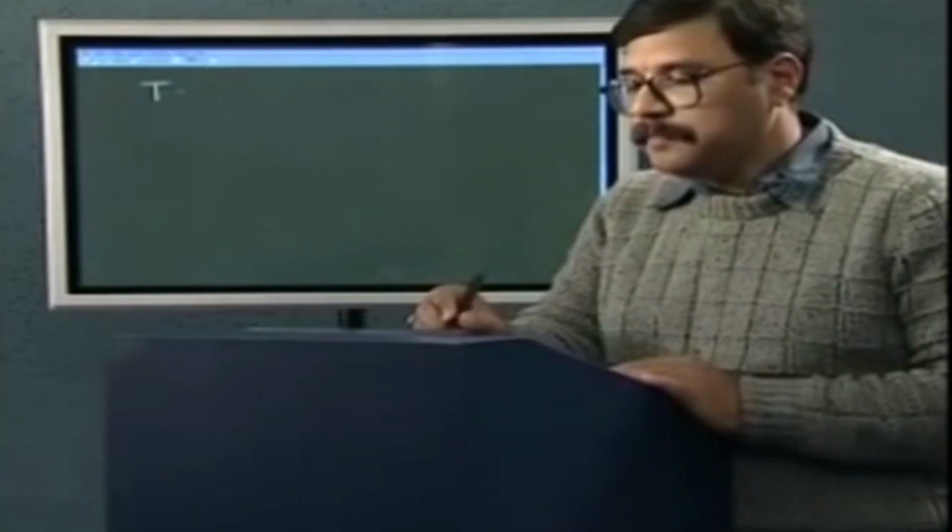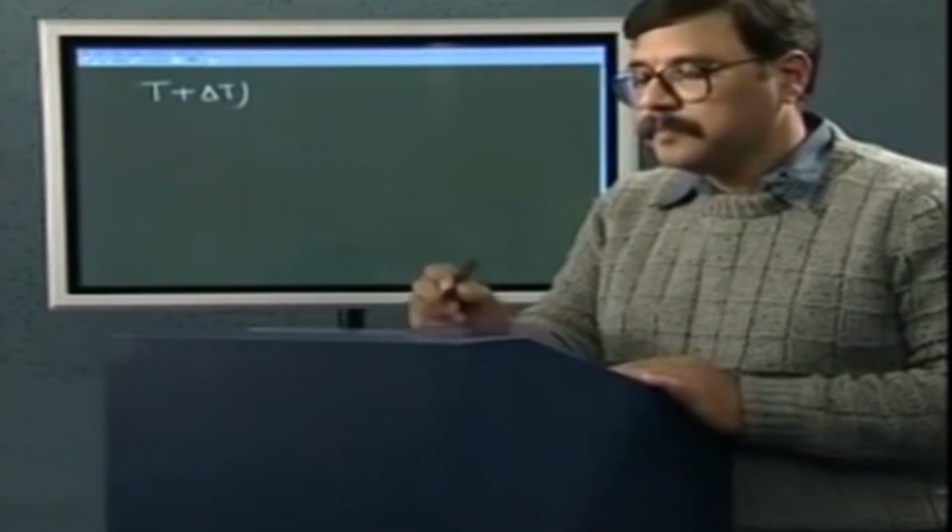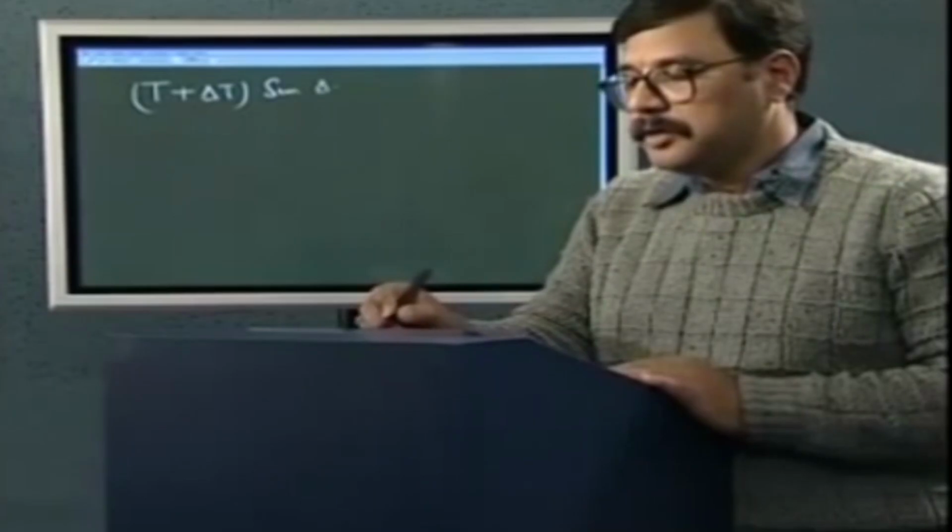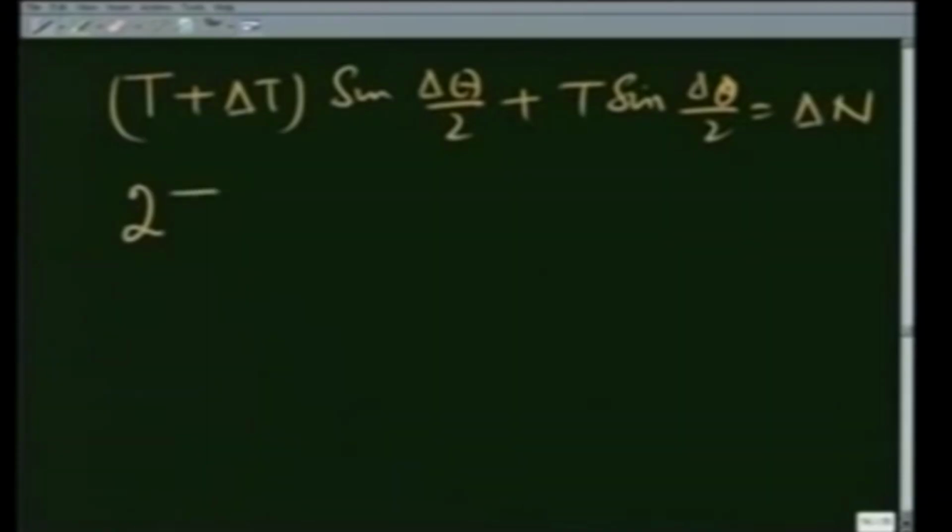I have T plus delta T sine delta theta over 2 plus T sine delta theta over 2 equals delta N, which can be approximated for a small delta theta as 2T delta theta over 2.